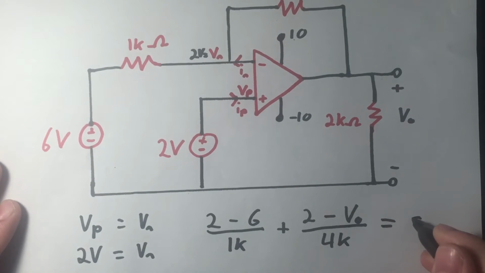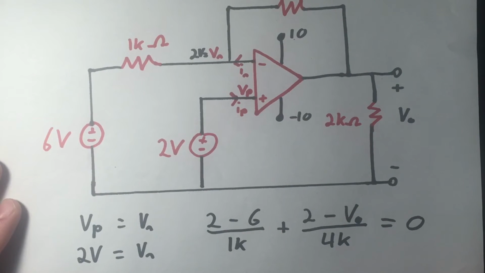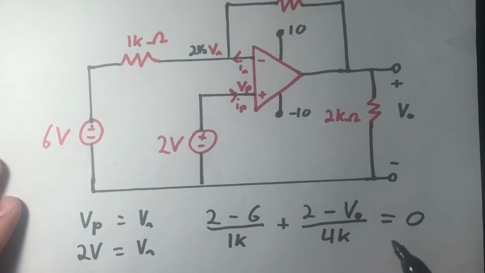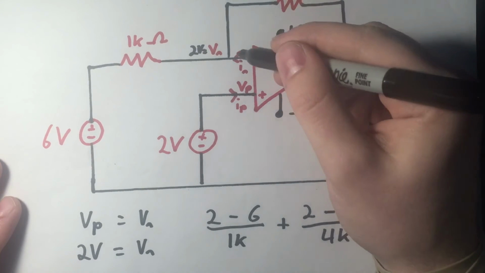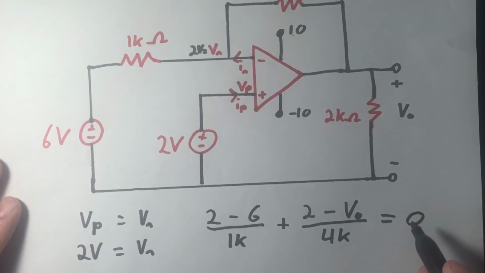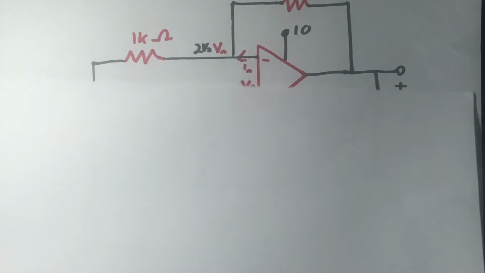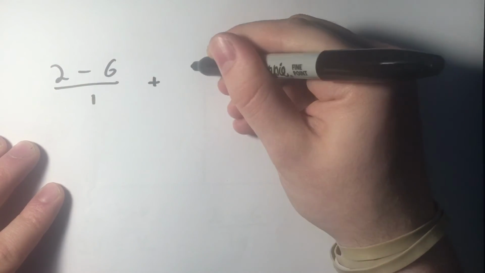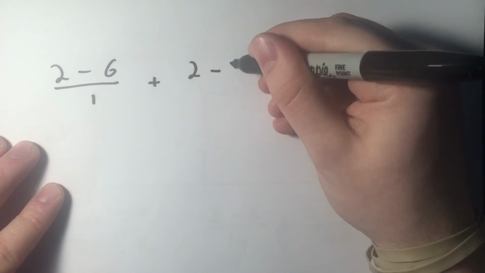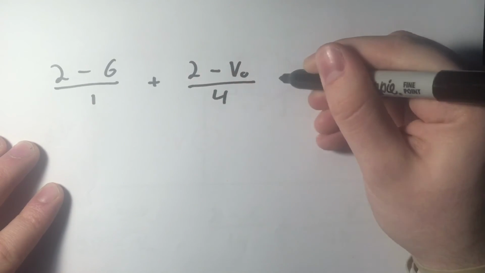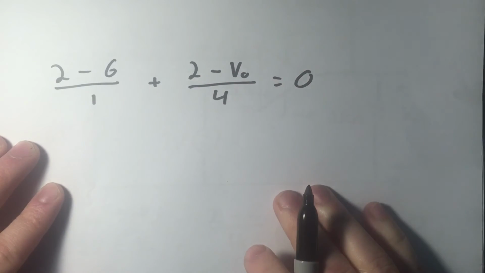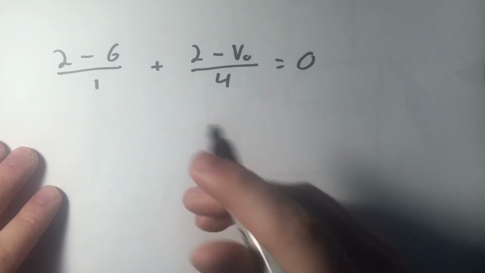And that is going to be equal to 0, since this is KCL, which basically states that all currents entering a node must sum to 0. So once we have this equation, which I'll rewrite here, 2 minus 6 over 1 plus 2 minus V naught over 4 is equal to 0, we can then just solve.